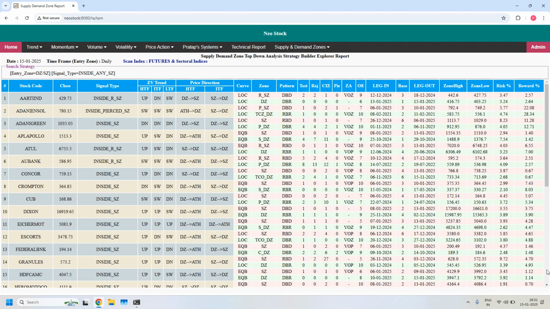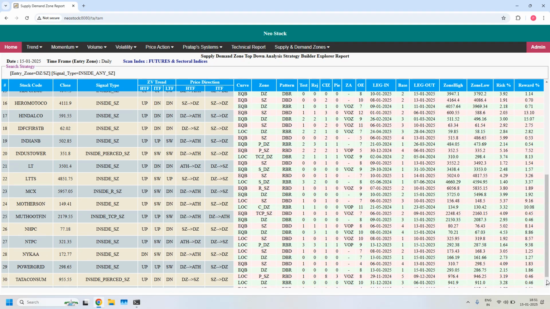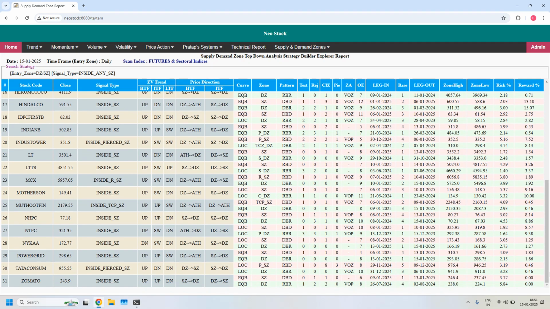I am scrolling the list down. Further scrolling the list down. So total 31 stocks are filtered where price closed inside the daily supply zone.